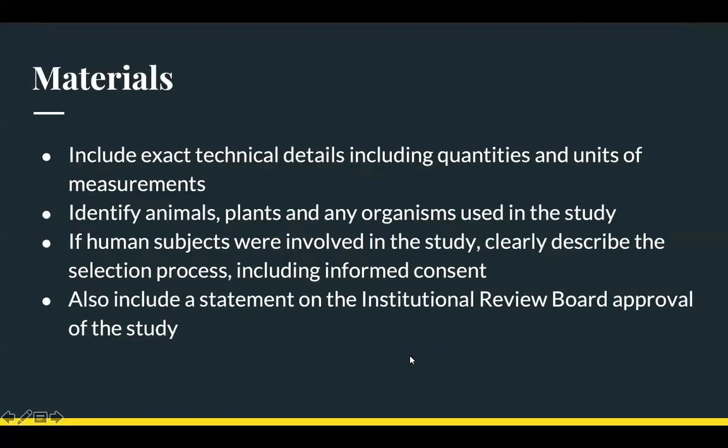Here are some things you should think about when writing your materials section. If you do write a materials section, you want to include exact technical details. If you've measured things, include the measurements and the units. You want to identify organisms, if you use organisms in your study, though most of you are probably not doing that kind of work. If you've used human subjects data, which is what most of us do, you want to describe what the data is and what is included in the data.